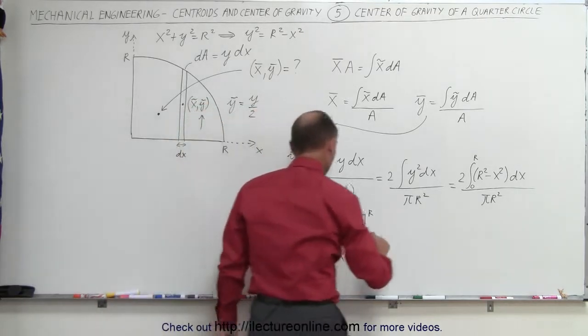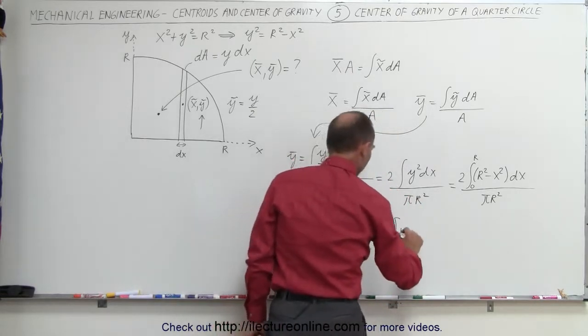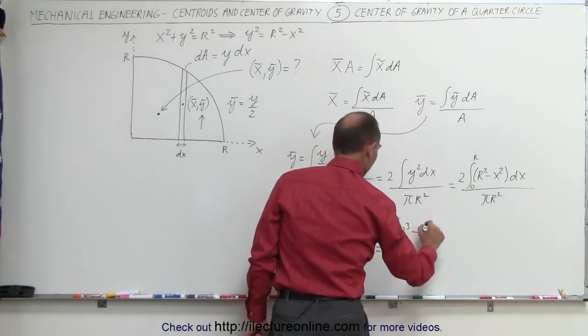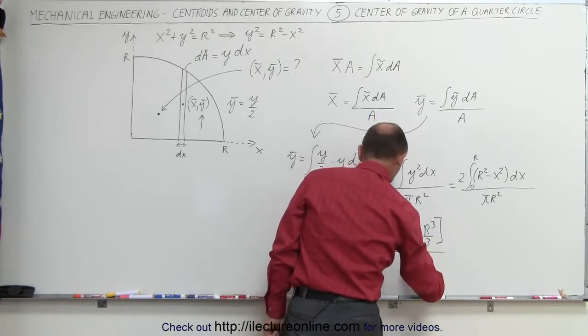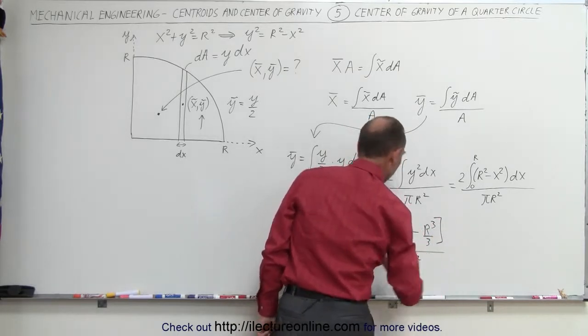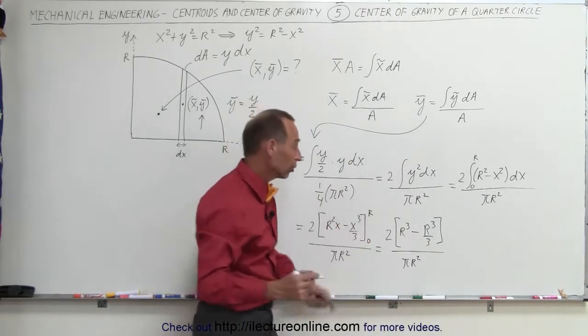But when I plug in the upper limit, I will get 2 times r squared times r, which is r cubed, minus r cubed divided by 3, all divided by pi r squared. Now I have an r cubed minus 1/3 of an r cubed. That's 2/3 of an r cubed.